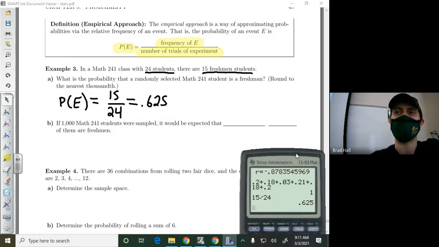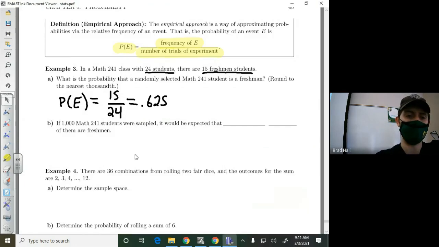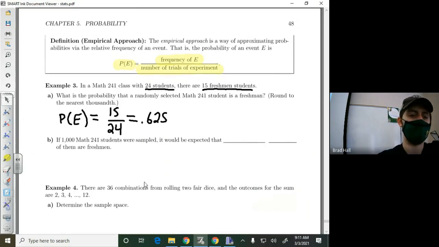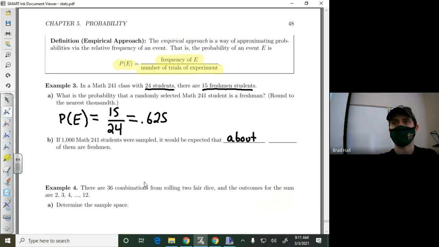And one of the reasons why proportions are helpful is because of, say, part B. If 1,000 Math 241 students were sampled, how many of those students would we generally expect to be freshmen? In my math lab, it'll say about or exactly, but probability never determines anything exactly in the short term, so generally you want to use about instead of exactly.